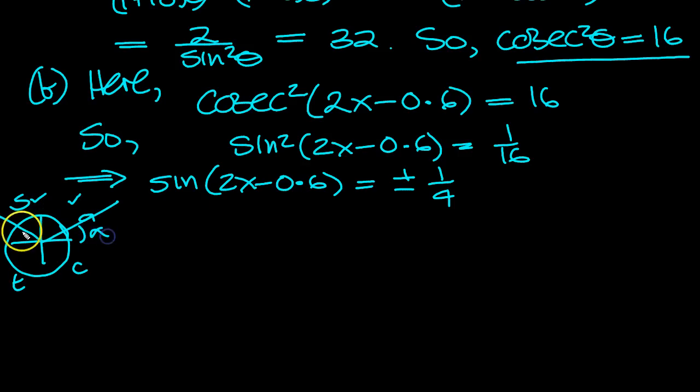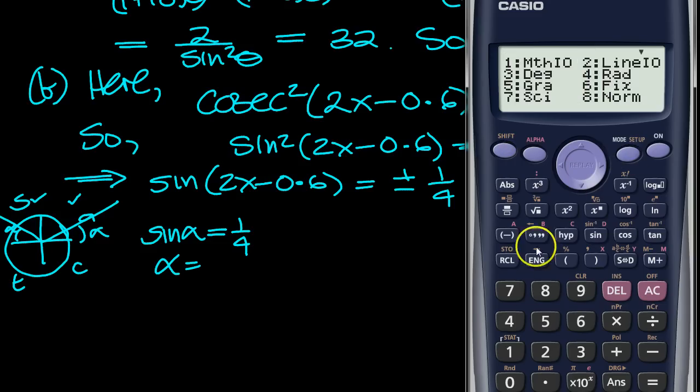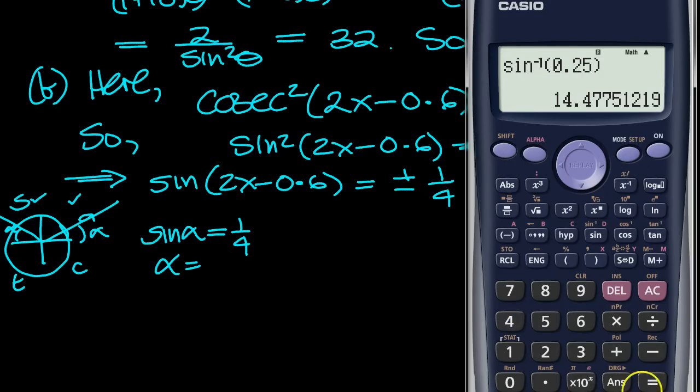Mark off alpha, the associated acute angle, and write sine alpha is equal to, drop the negative if there is one to drop. So alpha is equal to shift sine of 1/4, so inverse sine of 0.25 equals. We want to be in radians mode, don't we? So we need to go to radians, and then equals 0.2526.